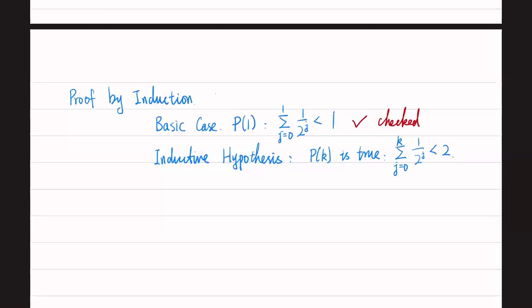Then we're ready for the inductive step. We want to check, is Pk plus 1 true? Could we get Pk plus 1?